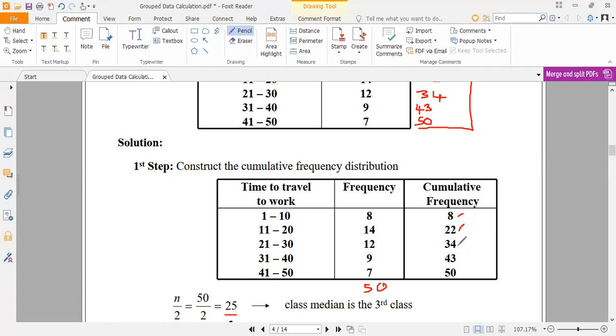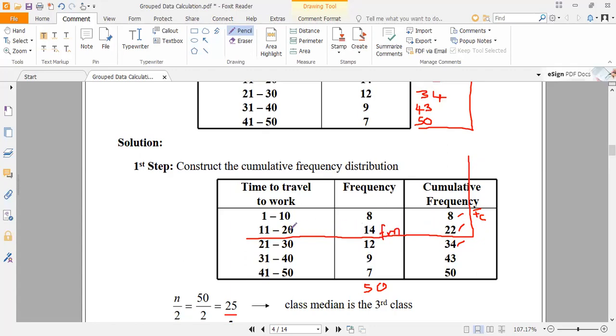No. But here there's 25, right? Okay, so 25 will be somewhere here in the middle. The number above this one is called FC. The number next to this is called the FM, the frequency.